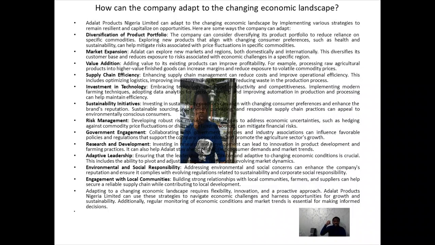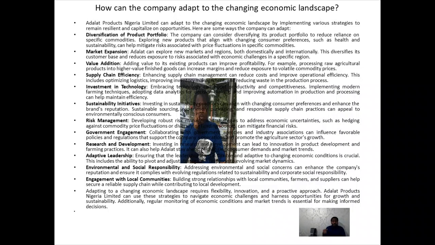So in the case of Adalat too, you can talk about value addition to the commodity that they are producing. Supply chain efficiency. We had earlier looked at supply chain too, and I remember that I circled it for us. Now we can talk about supply chain efficiency.